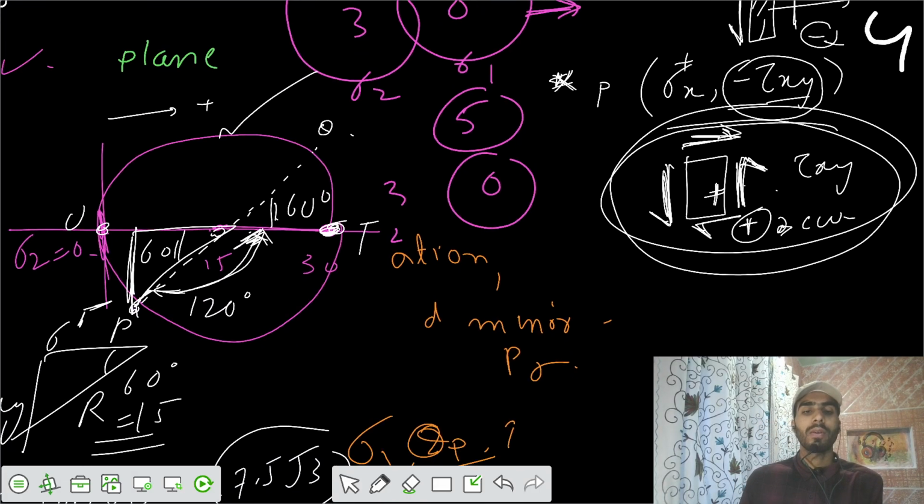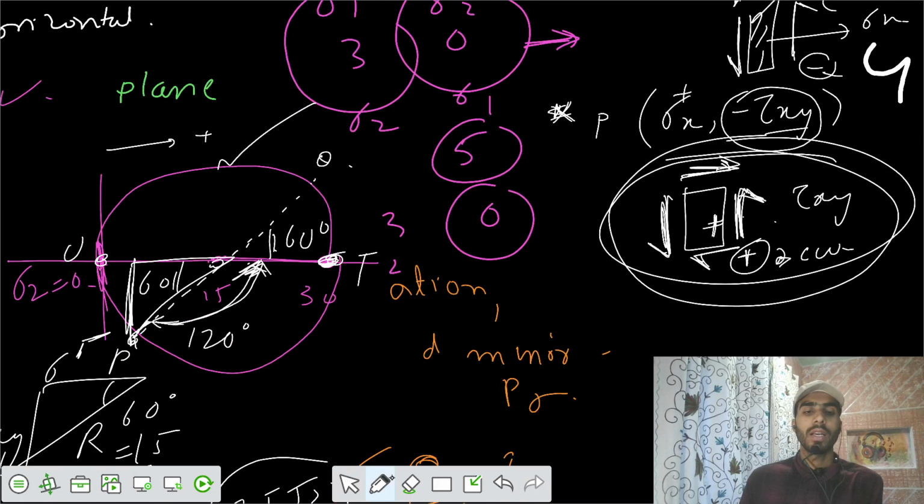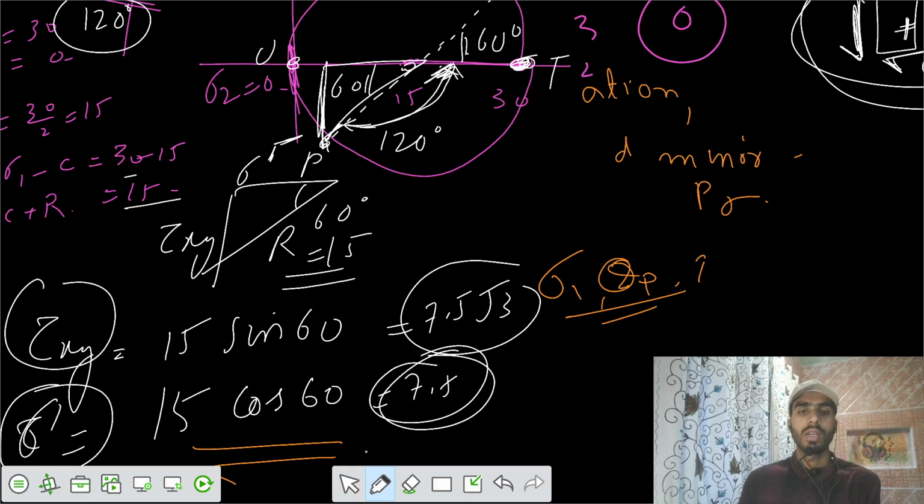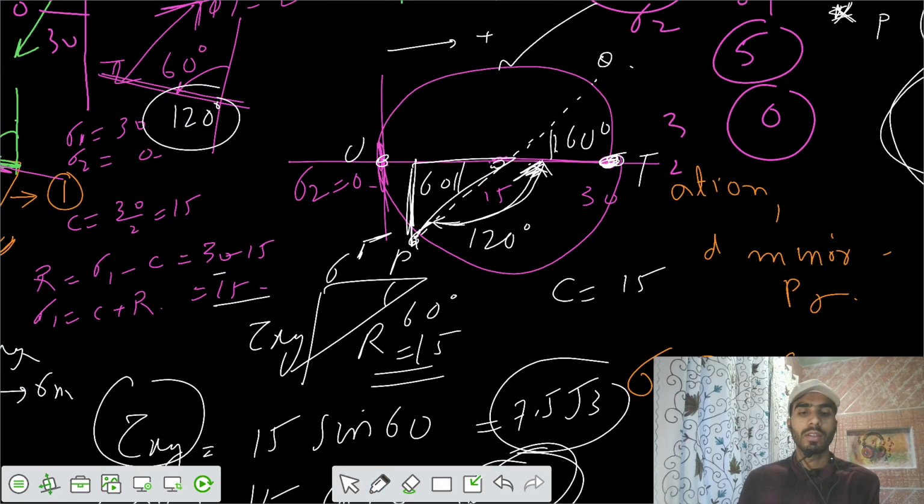Now we got from the triangle that shear stress is 7.5 root 3 and sigma dash equals 7.5. But center, we know, equals 15. So what's the value of sigma x? This is the center, and this is on the plane P, this is sigma x, and this is sigma dash.